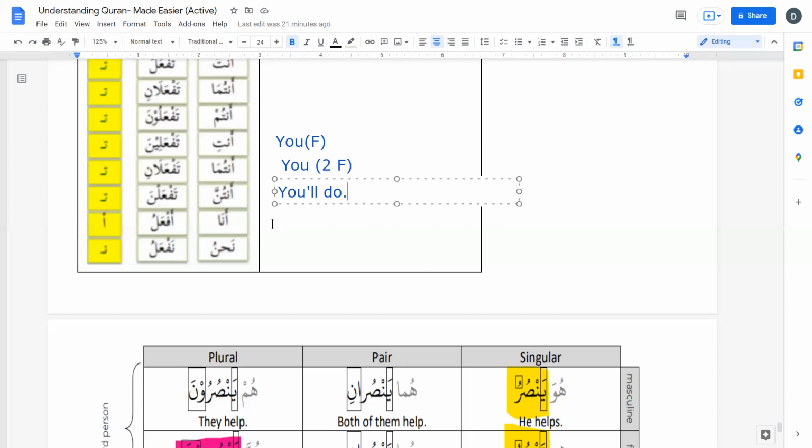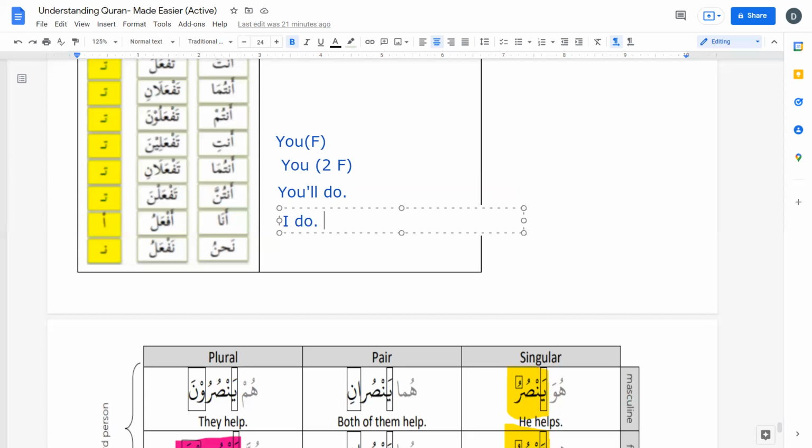The person who talks obviously will use I for himself or herself and we for themselves. Then ana af'alu, I do this thing, or I'm doing, and obviously it's singular. For first person, the dual and plural are the same.